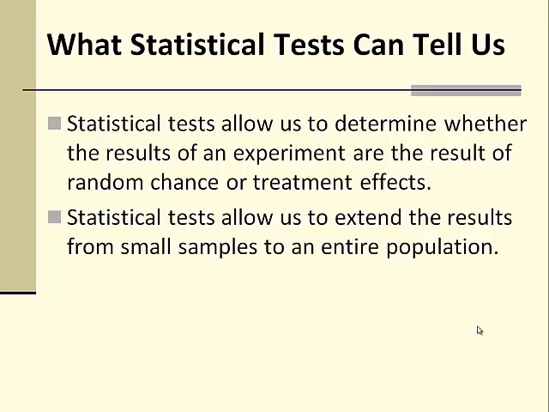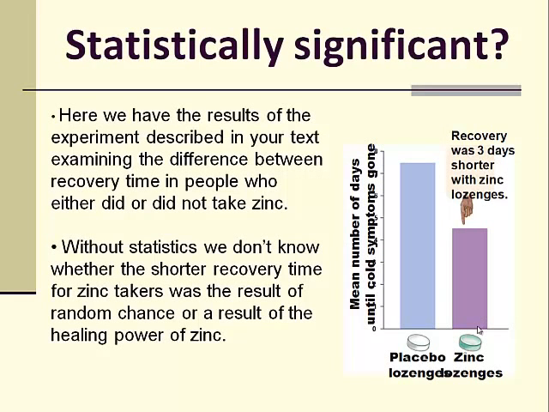Statistics also tell us that if what we're seeing is truly meaningful, then we can expand the results of our experiment potentially to the entire population. So if we get a valid result, we can say, okay, this is perhaps valuable for all humans, not just the humans that are part of our little experiment here.